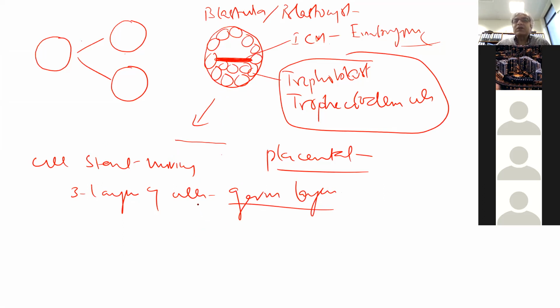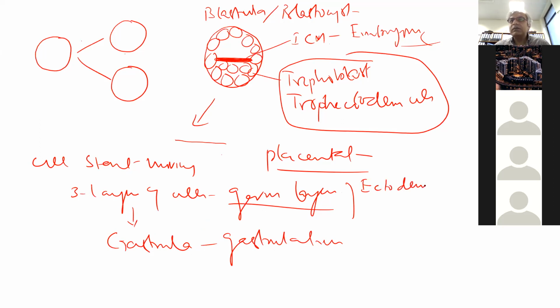When large-scale movement of cells starts after the blastocyst, that stage is called gastrula or gastrulation. And the 3 germ layers produced as a result of gastrulation movements are called ectoderm, mesoderm, and endoderm.